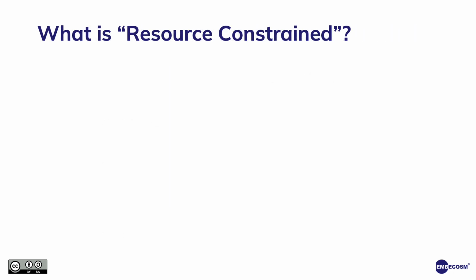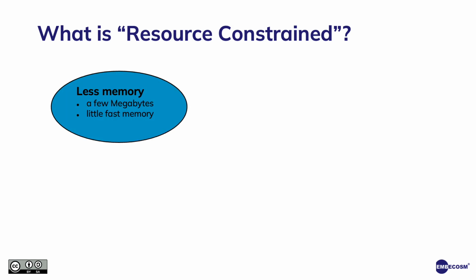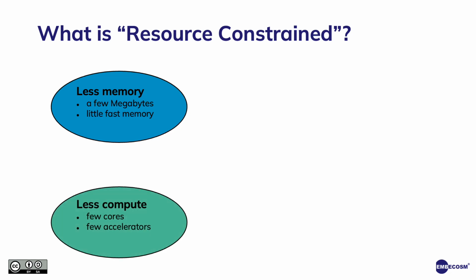I've used the term resource constrained quite a lot, but I want to be very specific about what that means in bare metal environments. Less memory: we're not talking about gigabytes, we're talking about megabytes of total memory and very little fast memory. Less compute: we have just a few cores, maybe just a few accelerators.